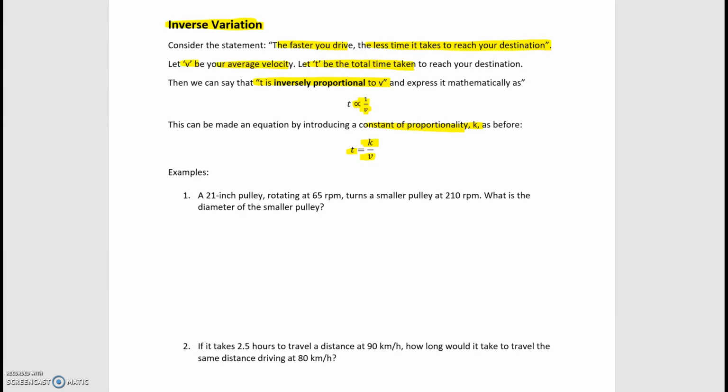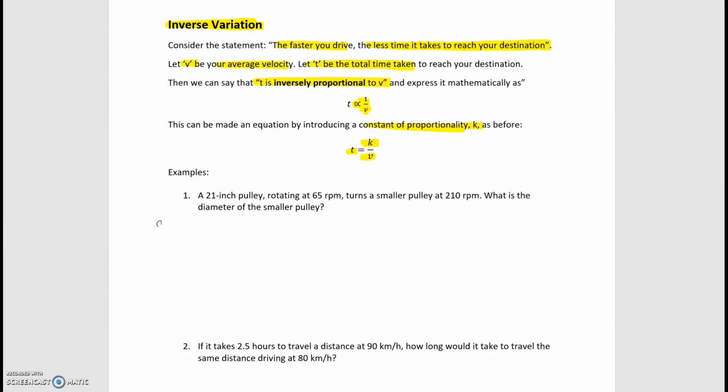Okay, a 21-inch pulley rotating at 65 RPM turns a smaller pulley at 210 RPM. So the question's asking, what's the diameter of the smaller pulley? Well, this is an inverse relationship because as you have a larger diameter, you're going to have lower speed.